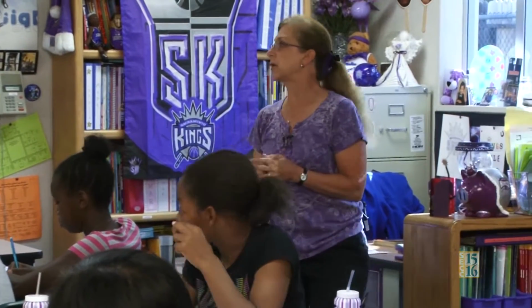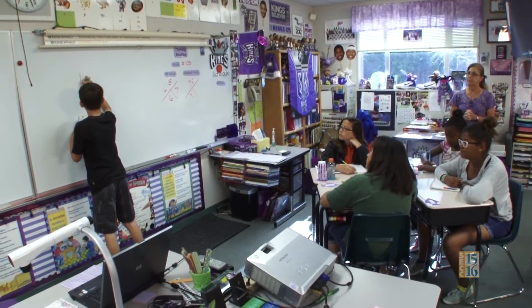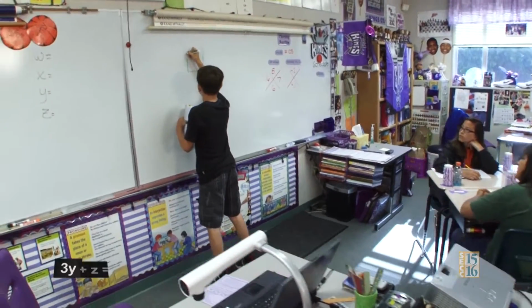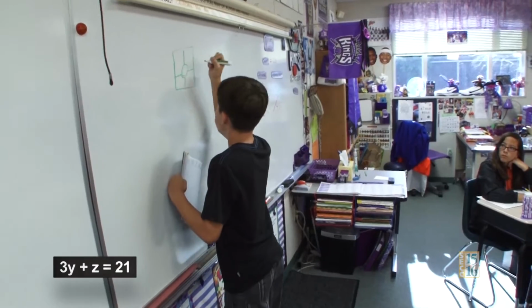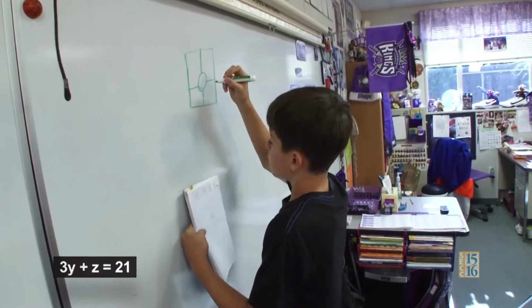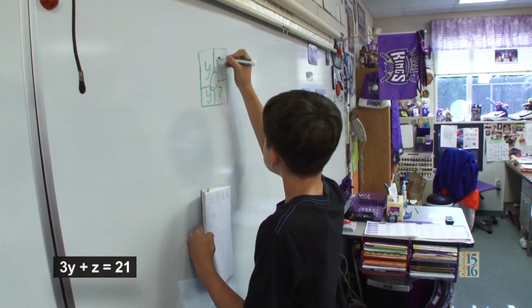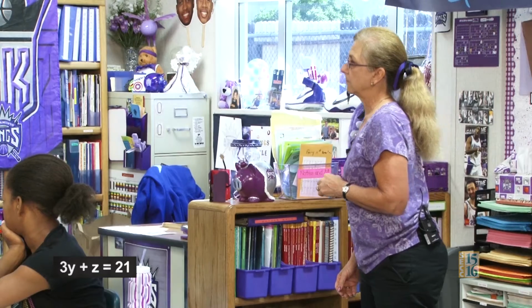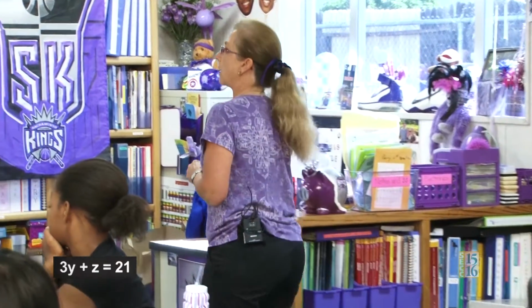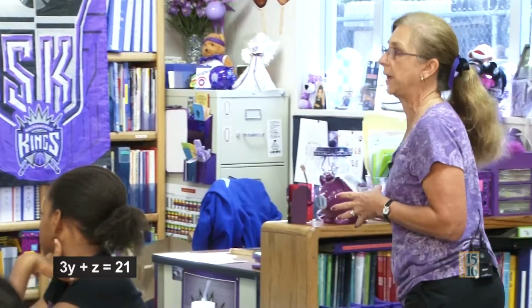And I want you to set up your first box only. Okay, and pause the slide. So our equation is 3y plus z equals 21.